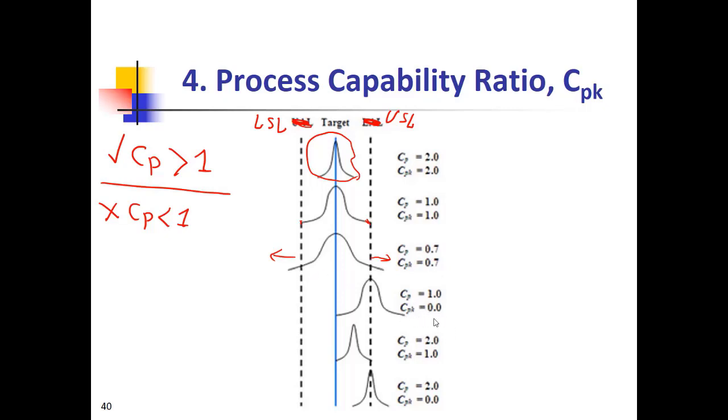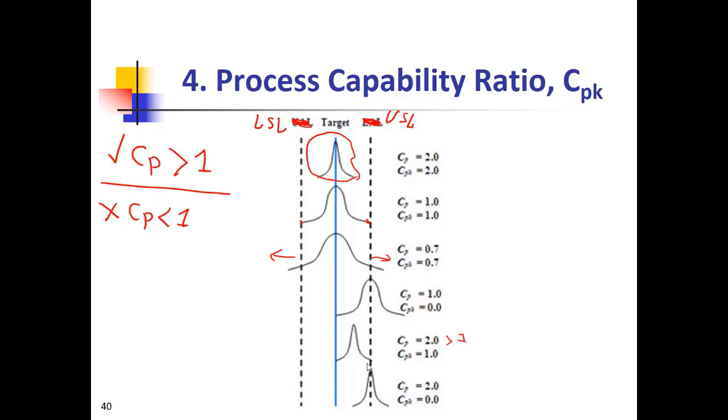CP 1, CPK 0. Again, 0 is off center. The ratio is again not good because we are crossing the boundary and we are off center. Here we are in the center, but we are crossing the boundary. Here we are off center and crossing the boundary. In this case, CP 2, which is good because we will still be in the boundaries. CP bigger than 1 is capable.